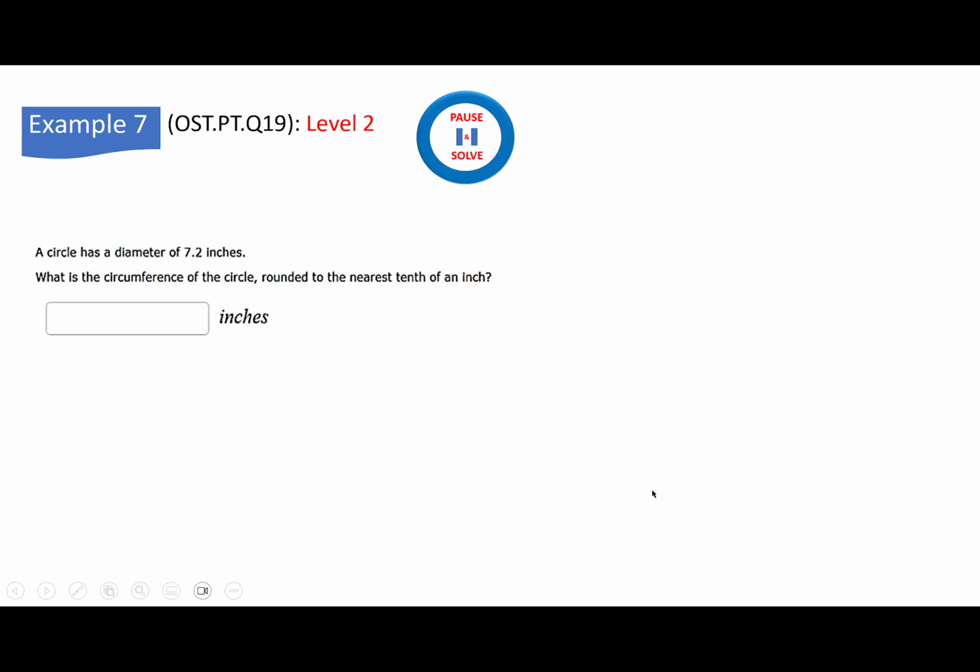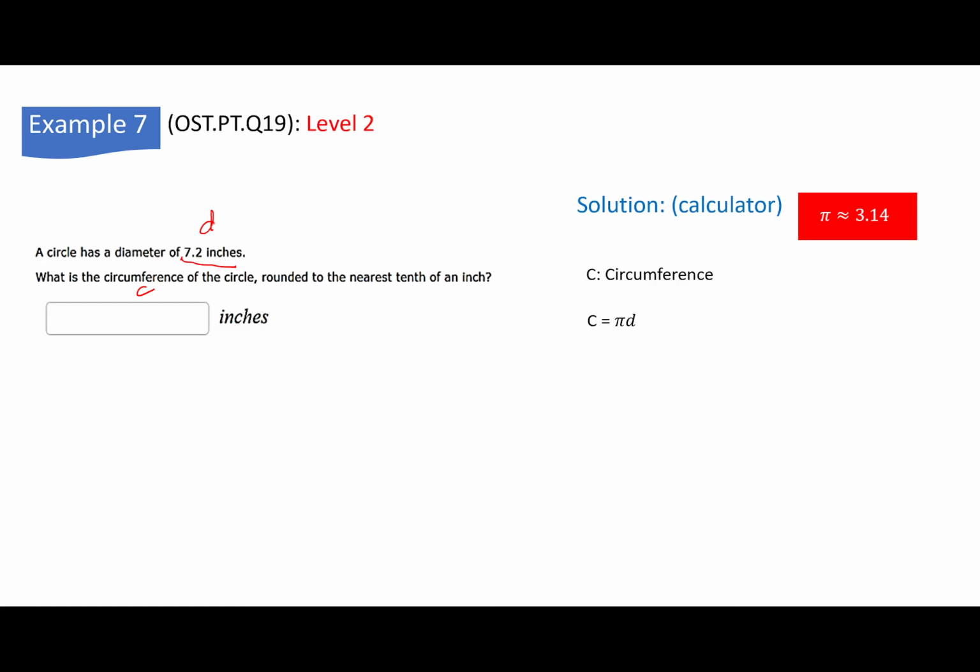Example 7. A circle has a diameter of 7.2 inches. What is the circumference? Okay, we know the diameter. That's D. I need the circumference. And I know C is equal to pi times the diameter. Replace 3.14 times 7.2. You get this answer.